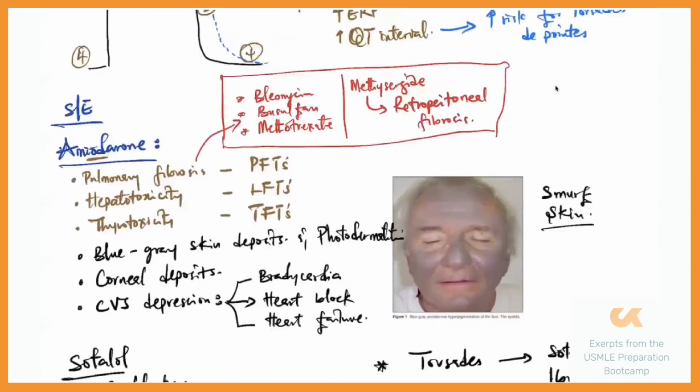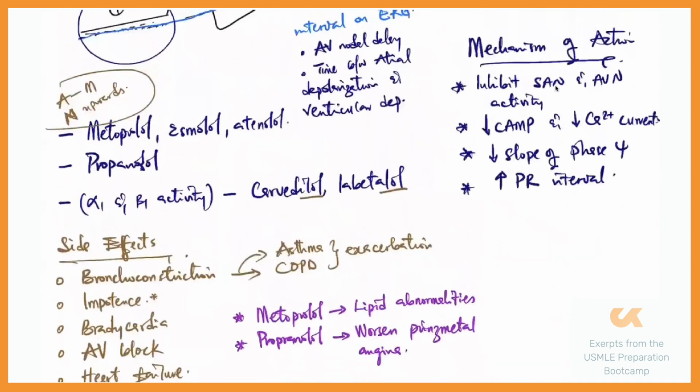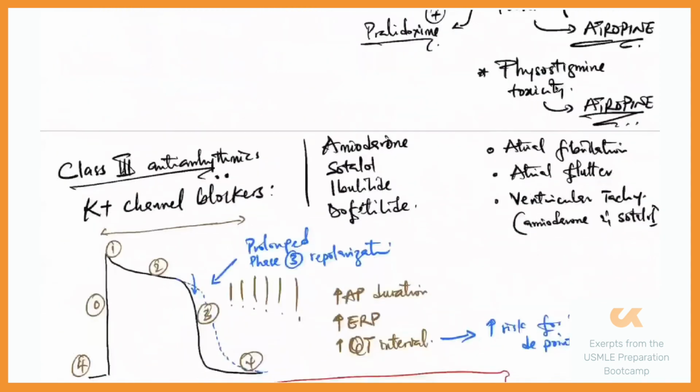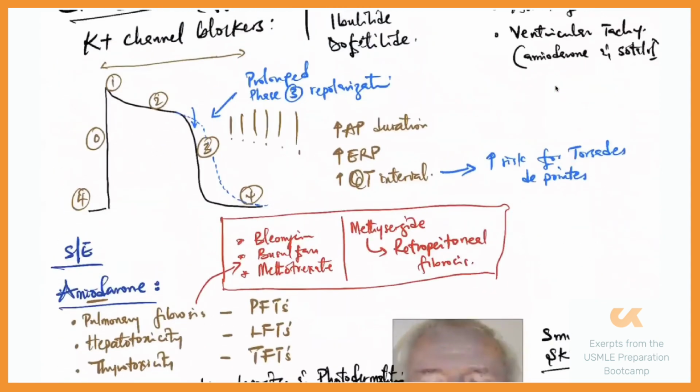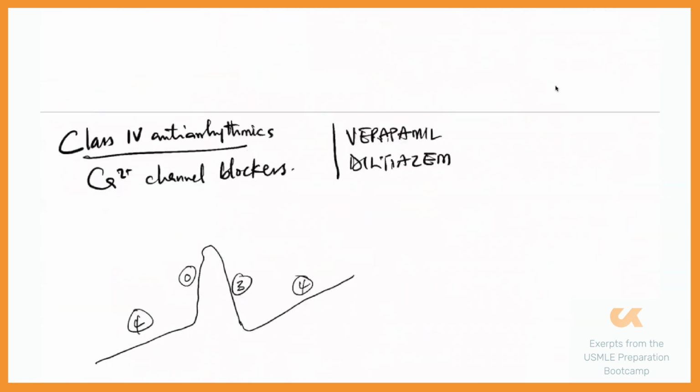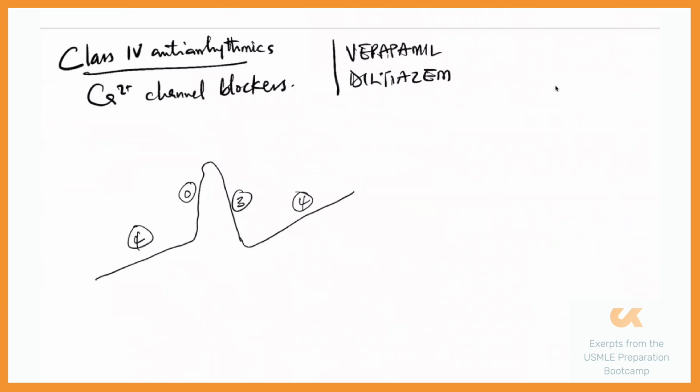I hope you remember that from previous lectures. We said previously that phases 1 and 2, which you had with your myocardial action potential, we are missing here. All right, so that is class 4 antiarrhythmic medications.